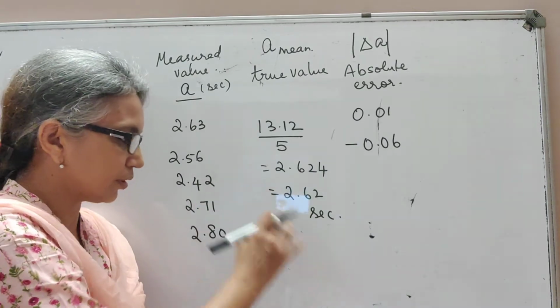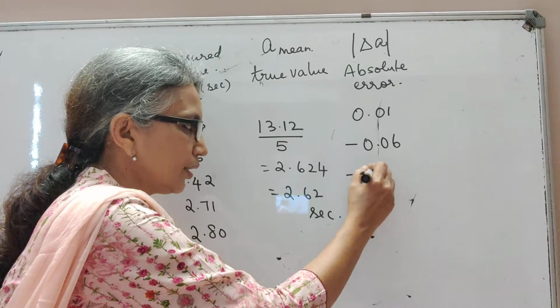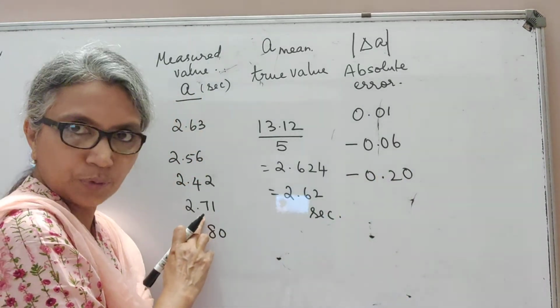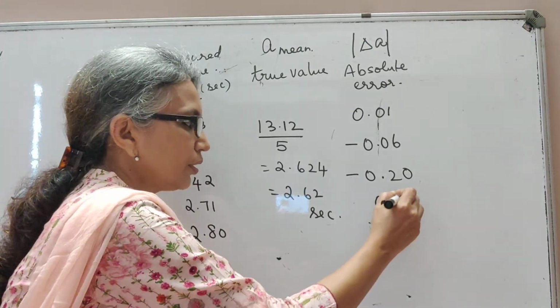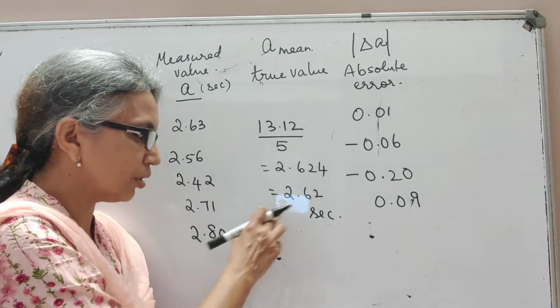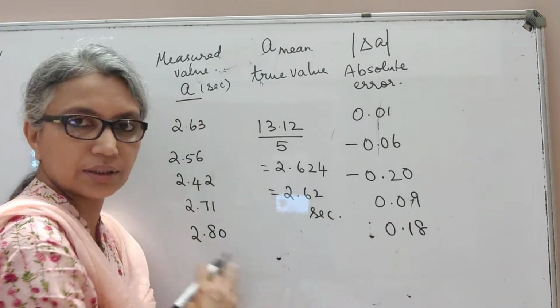How much difference has happened there. So when I subtract this minus this, I got minus 0.20. My fourth value is 2.71, greater than the true value by 0.09. And the fifth value is 2.80, greater than the true value by 0.18. I got it by subtracting.